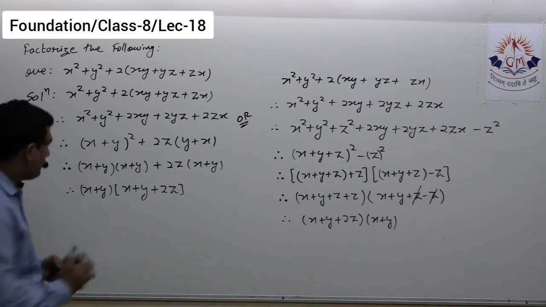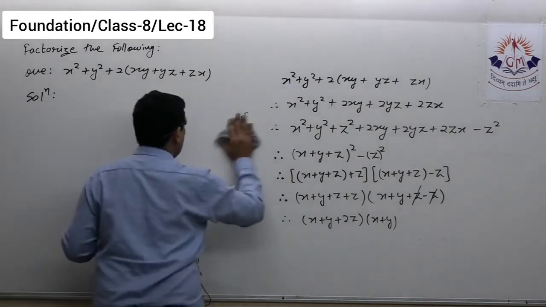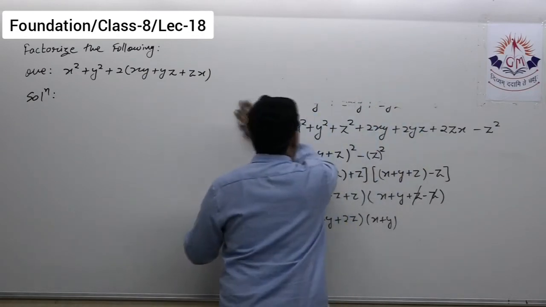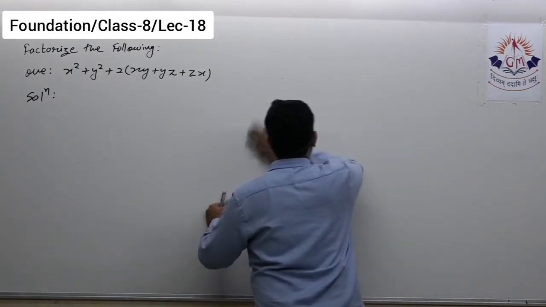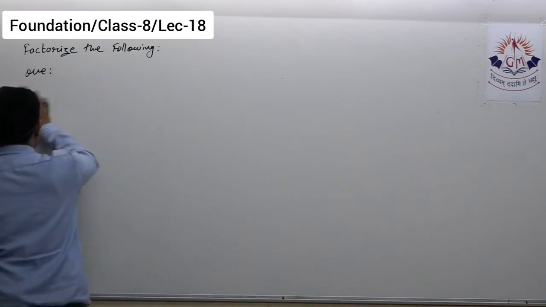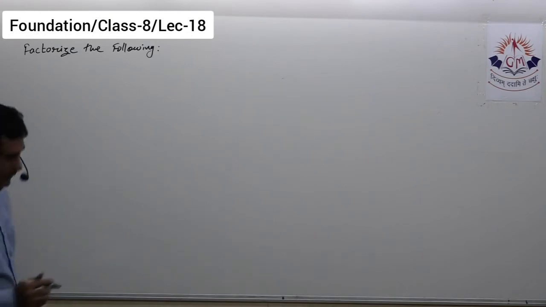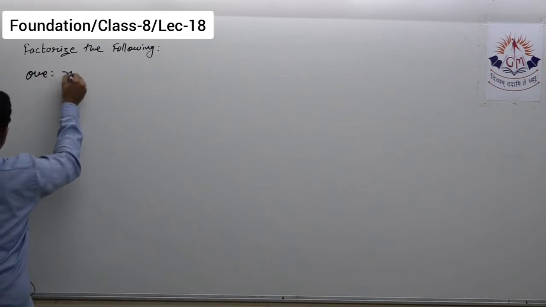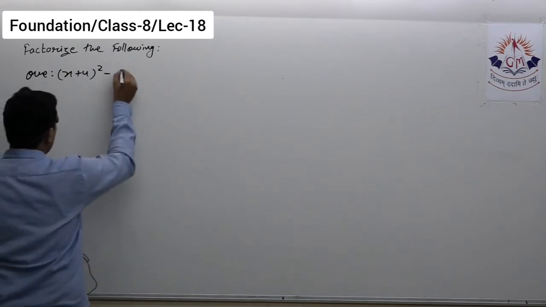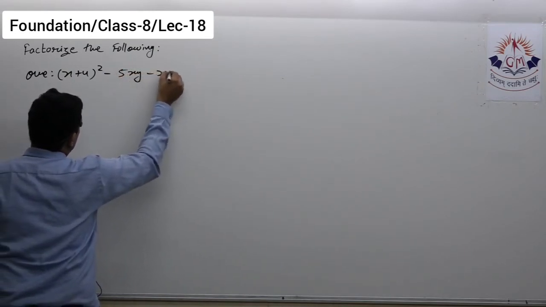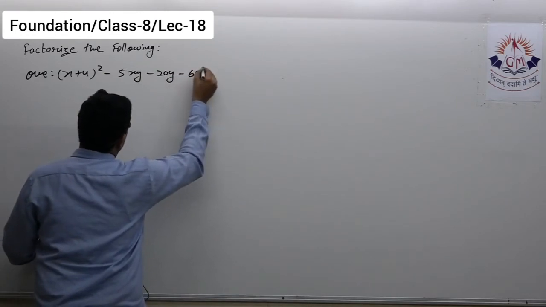Okay, so the next question is x plus 4 whole square minus 5xy minus 20y minus 6y square.